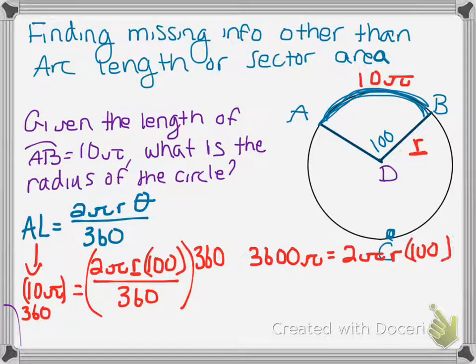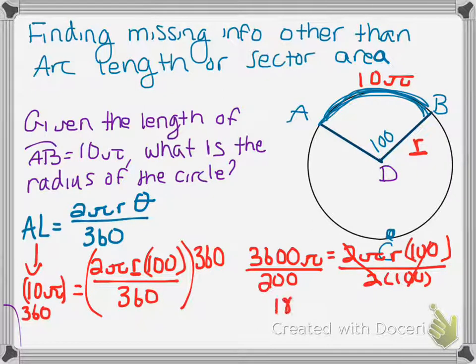Again, we're working to get r by itself, so we can divide by both of our numbers here, the 2 and the 100. Two times 100 is 200. Again, we leave pi alone. We talked about that in class. So 3600 divided by 200 gives me 18.